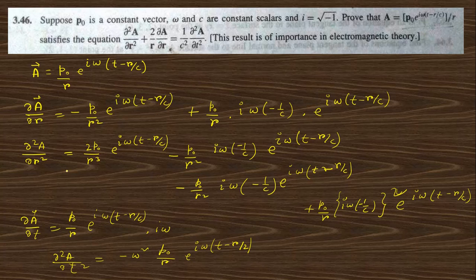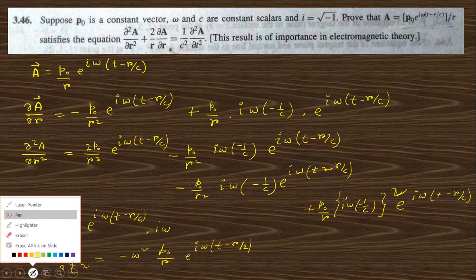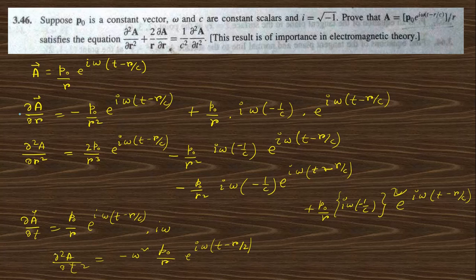This is nothing but this expression, and for the 2 by r term, you need to multiply 2 and r, so this will be r cube and this will be r square.